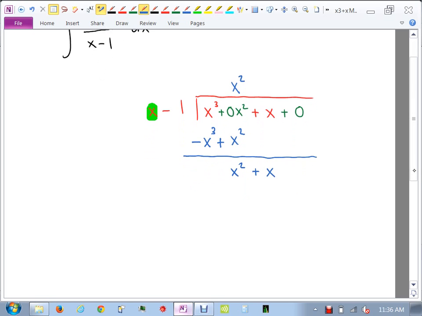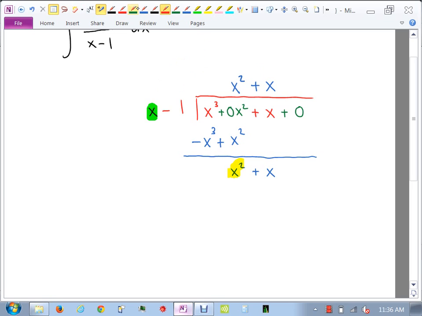Next step is to ask myself again, what do I multiply x by, the green x, to get now x squared? X, right? So I put plus x on the top. And I multiply that through again. I go x times x and x times negative 1.